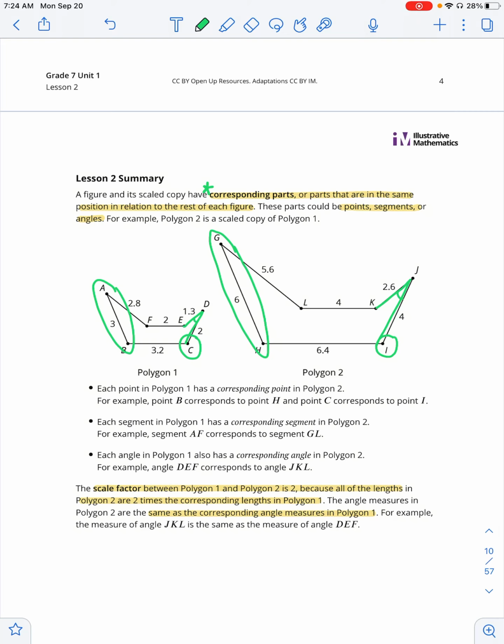Is what we multiply by to get to a scaled copy. So you can see between polygon 1 and polygon 2 is 2.